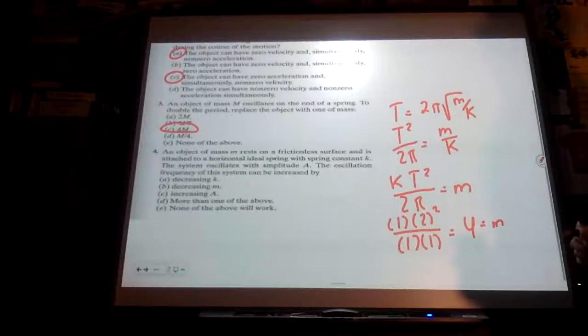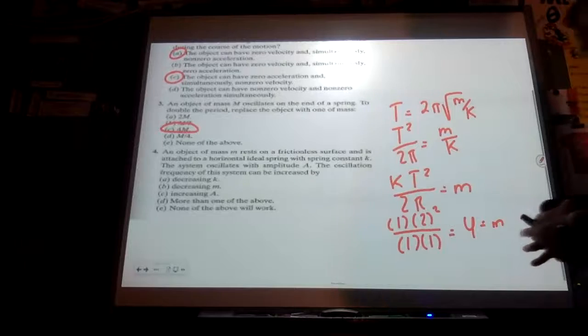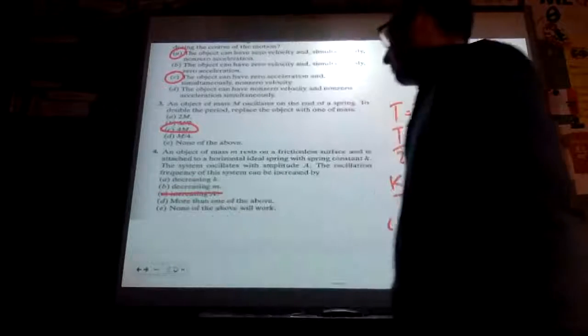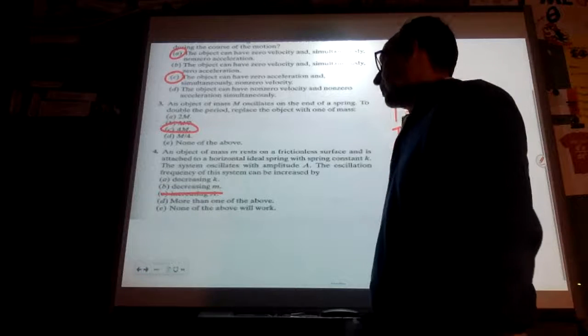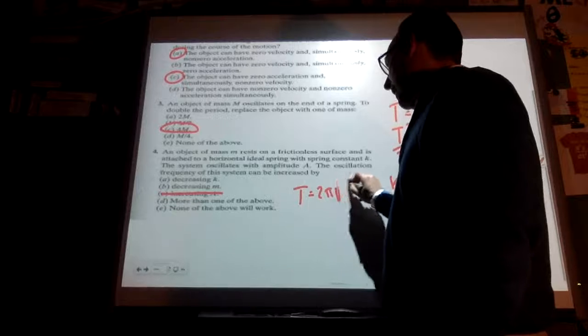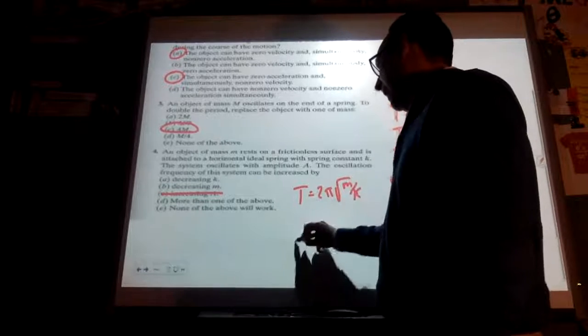The object of mass m rests on a frictionless surface and is attached to a horizontal ideal spring with a spring constant k. The system oscillates with an amplitude A. The oscillation frequency of the system can be increased... Okay, so that doesn't work. T is 2 pi square root of m over k.